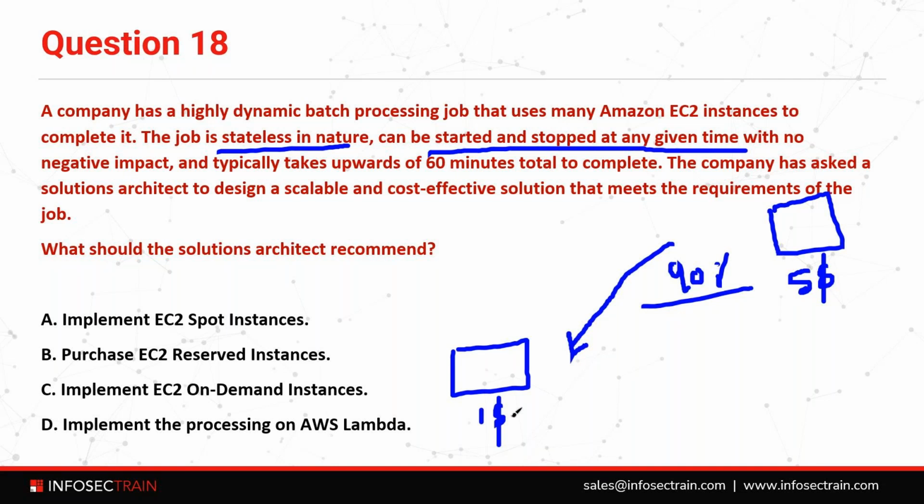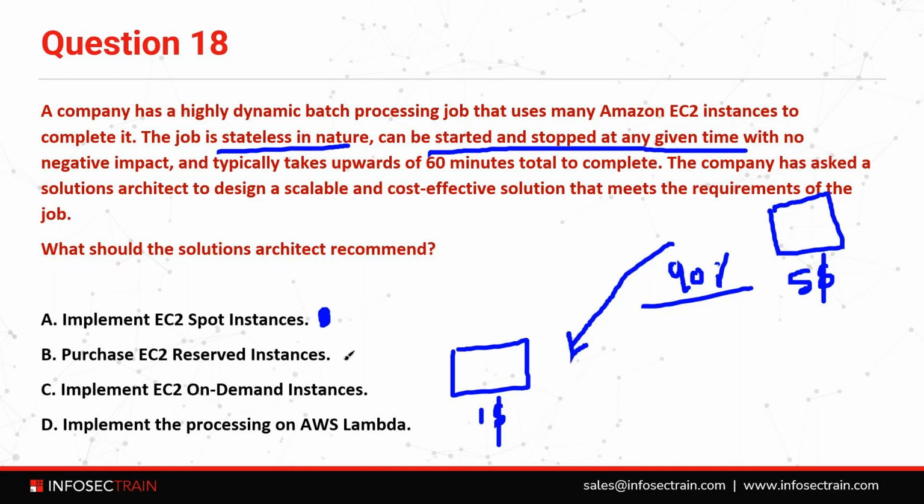So it looks really good. A spot instance is ideal for stateless, fault-tolerant, and interruptible workloads, as mentioned here. Stateless looks like a good fit, but let's explore the other options.